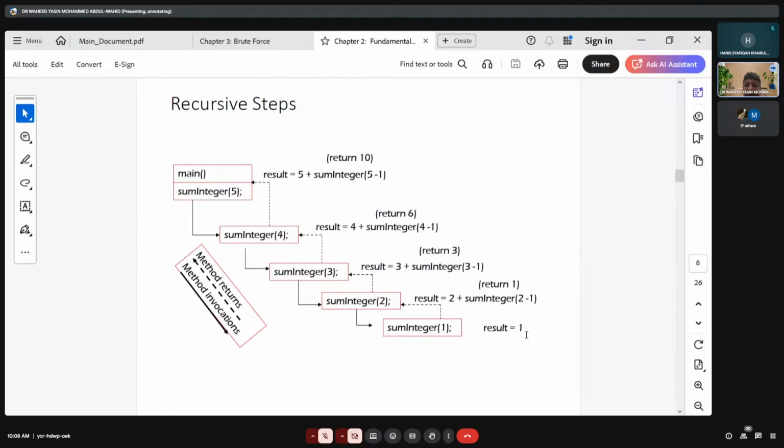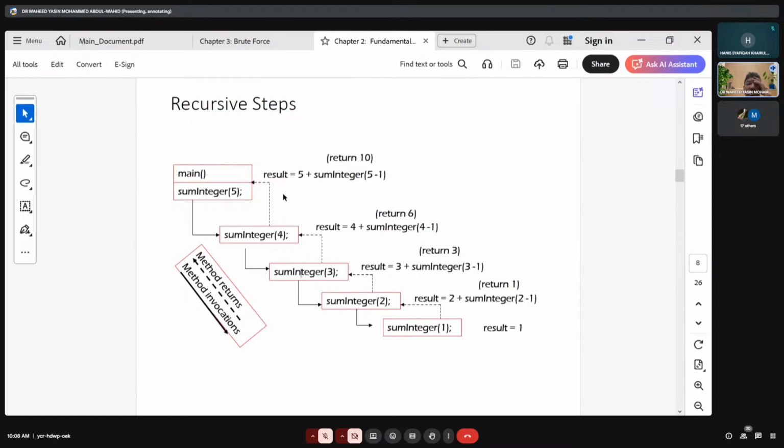Here the result is 1. Then 1 plus 1 gives 2, 2 plus 3 gives 3, 3 plus 1 gives 4, 4 plus 1 gives 5, 5 plus 5 is 10, 10 plus 5 is 15.